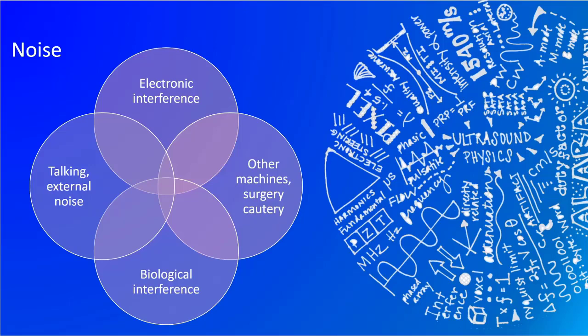Lastly, some other sources of noise that may occur in our pictures are outside interference. We can get electronic interference, talking can cause some issues with our pictures, biological interference like bowel moving or growling makes noise, or other machines, surgery, that kind of stuff can introduce noise into our picture.